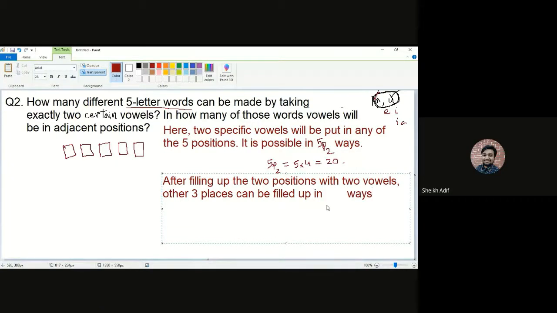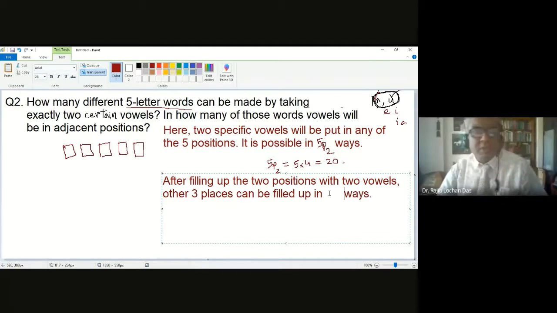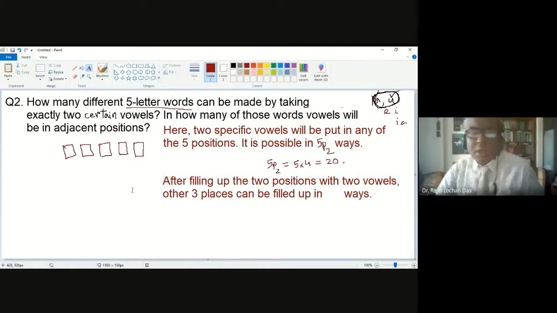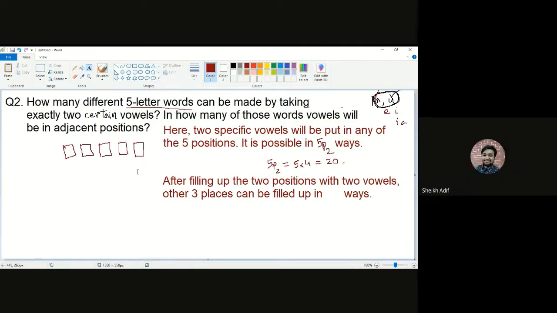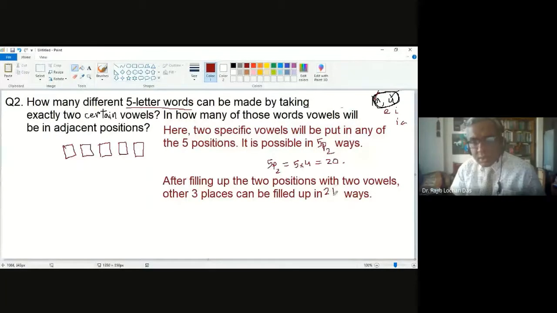21p3. This is correct. So why 21? Because we are not taking any vowels, the rest has to be consonants. Not 26, because already two vowels are filled.